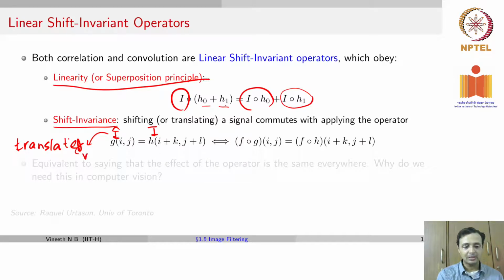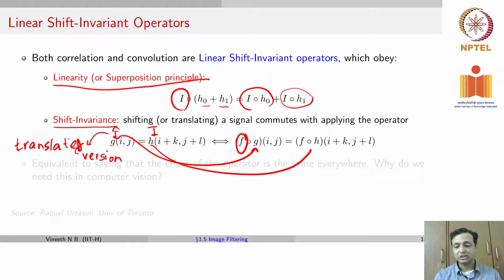So this is simply a translated version of your image I. Now if you have a filter f, whether you convolve it with I hat or you convolve it with H at the other locations, at the translated locations, you will get the same output.